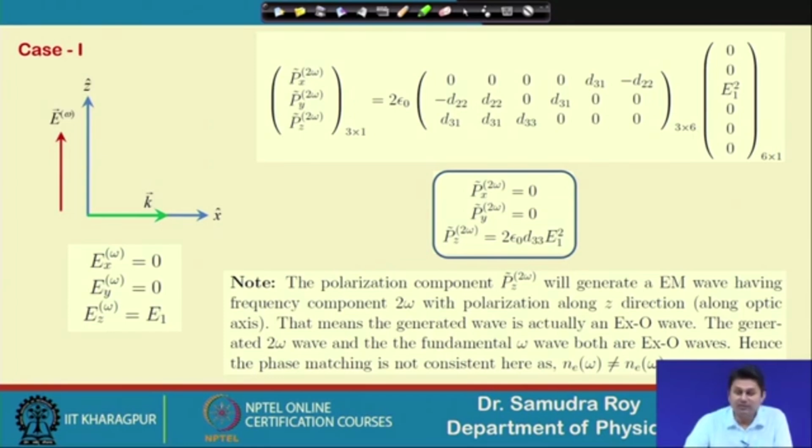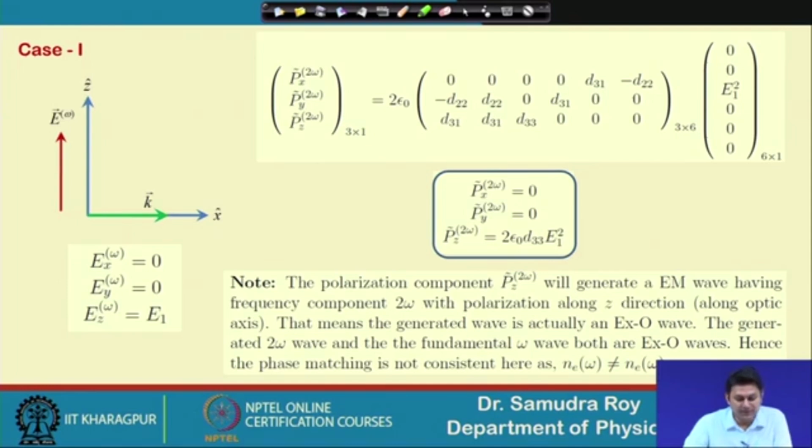Phase matching is in this direction only, so the electric field that we can launch, this trivial case, is in the z direction.